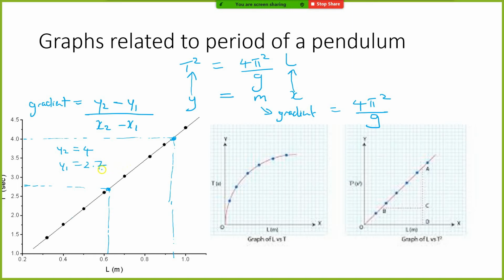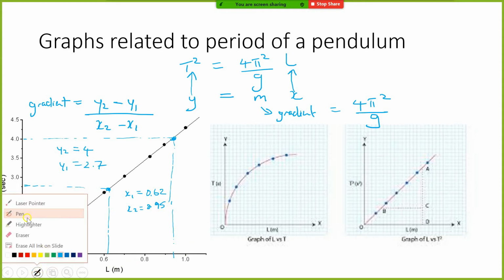And then my x1 is going to be about 0.62. Then my x2 is going to be probably 0.995, for argument's sake. We're just going to work with that.